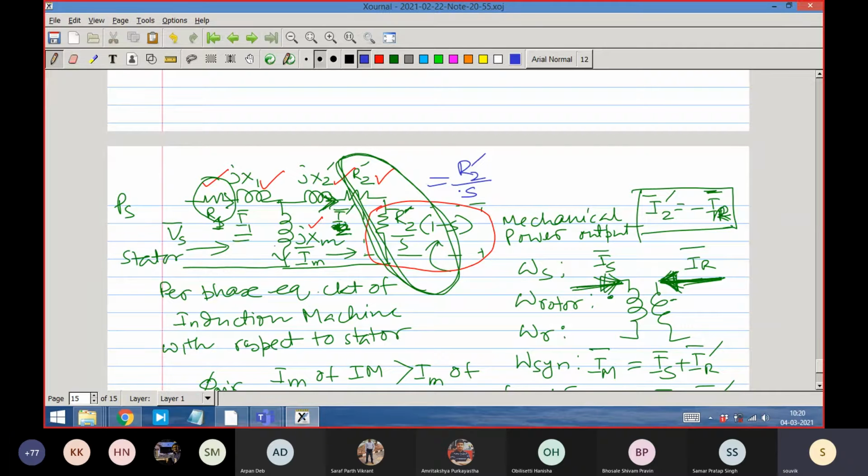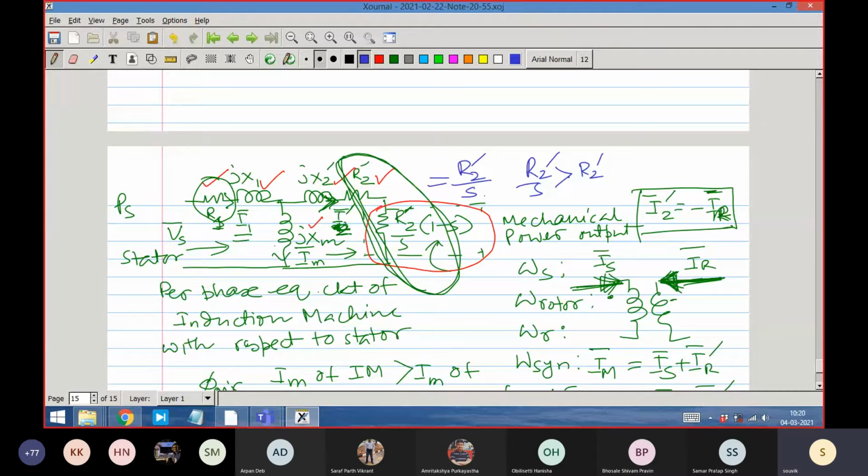The slip part comes, and you see the slip is very close to 0. It is definitely a fraction. So R2 dash by S is greater than R2 dash, not always, I will say, but under most conditions, because we don't want slip to be high. Slip is very close to 0, like 0.02, 0.03, 0.04.